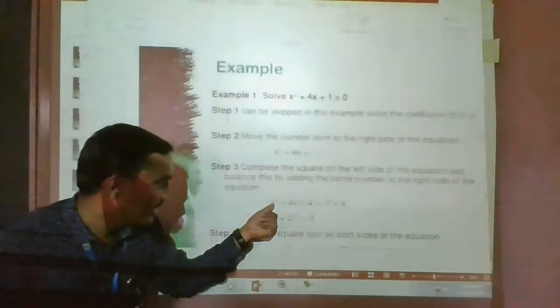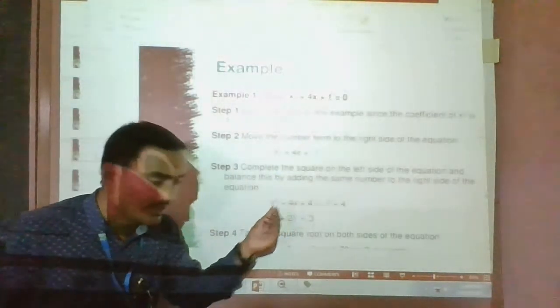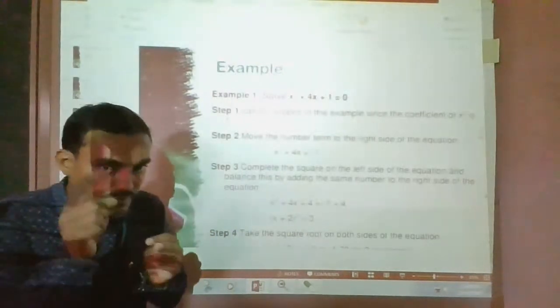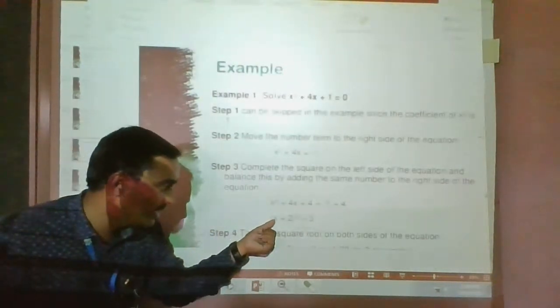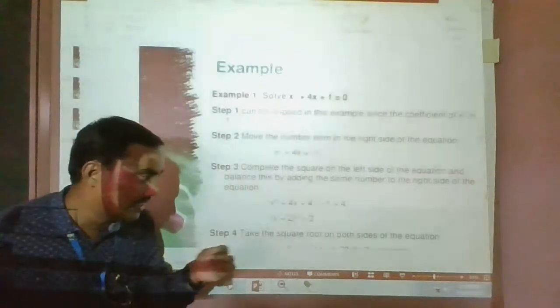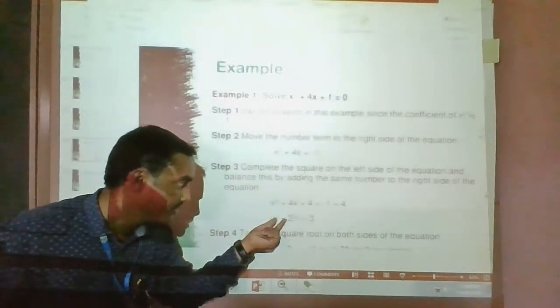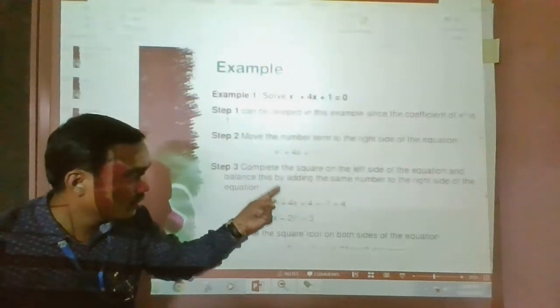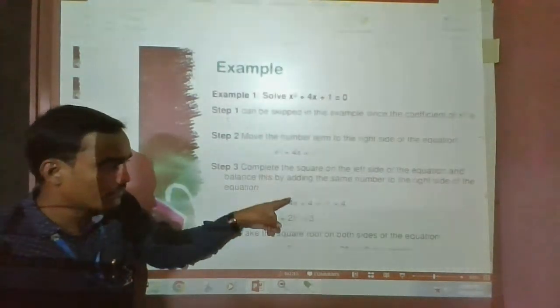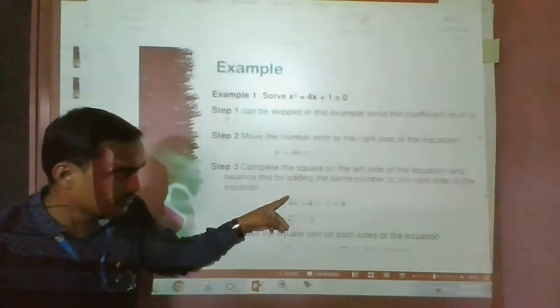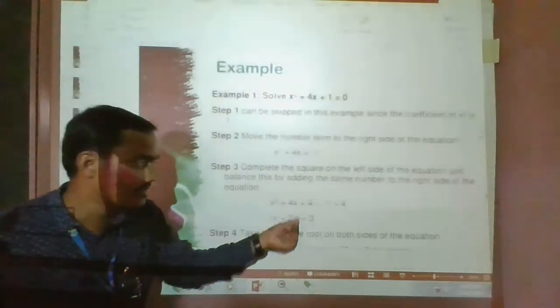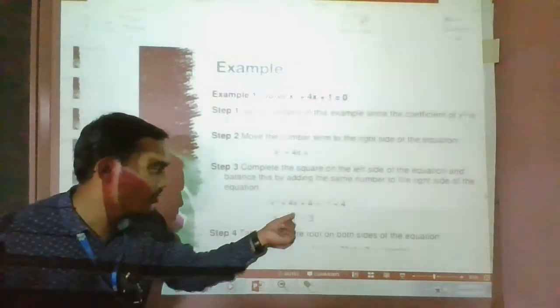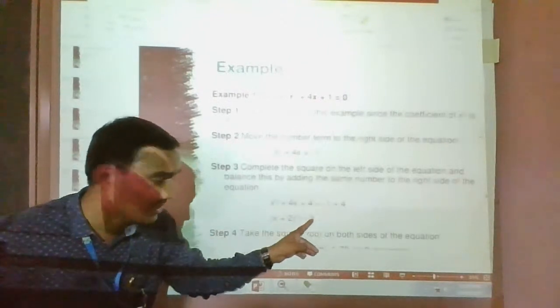Now a positive, it means it becomes a plus b whole square. The value of a is x and the b value is 2. A plus b whole square, a square plus 2ab, it becomes 2 twos are 4, the x value is as it is, 4x plus 2 square, b square is nothing but 4. Now x plus 2 whole square is equals to 4 minus 1 is 3.